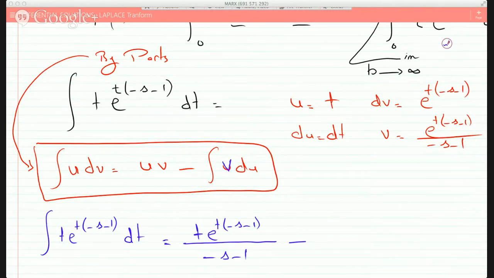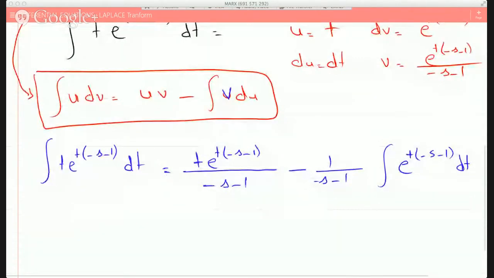I can pull the minus s minus 1 out because it's a constant, and then we have e to the t times minus s minus 1 dt.